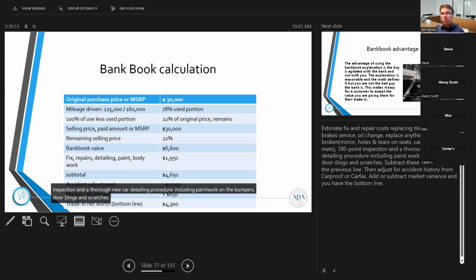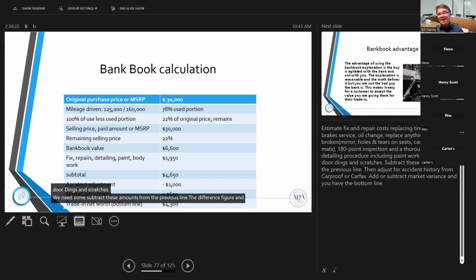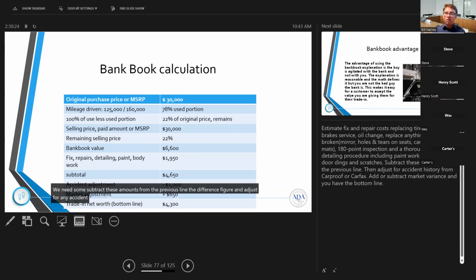Now we need to subtract these amounts from the previous line, the difference figure, and adjust for any accident history from CarProof or Carfax. You can add or subtract market variance as well in order to reach your bottom line.